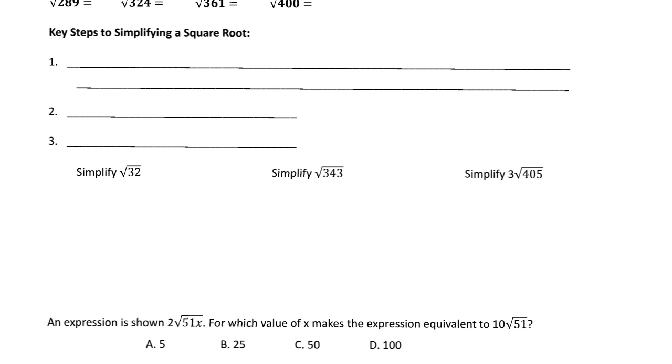So now that you've had those all filled in, let's talk about the key steps to simplifying a square root. The first thing we want to do is to rewrite the radicand. So rewrite this number inside the square root as a product of a perfect square and another factor. So let's write that down first.